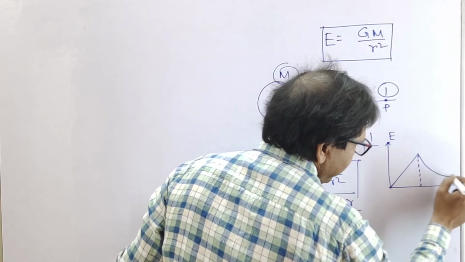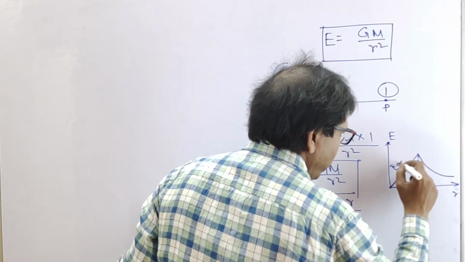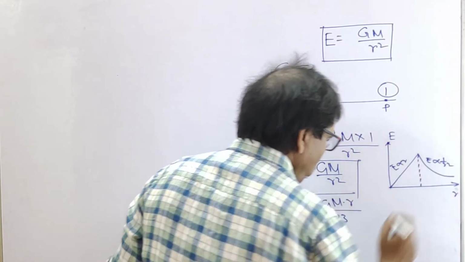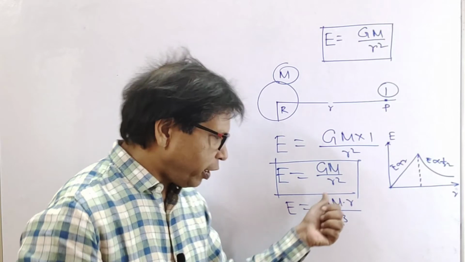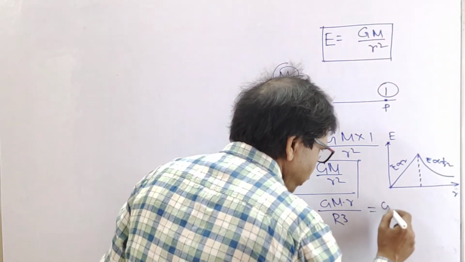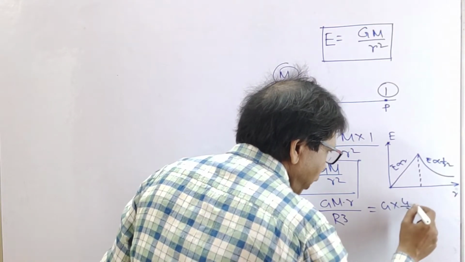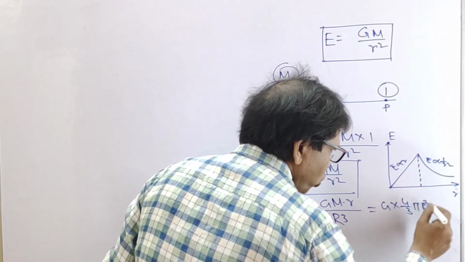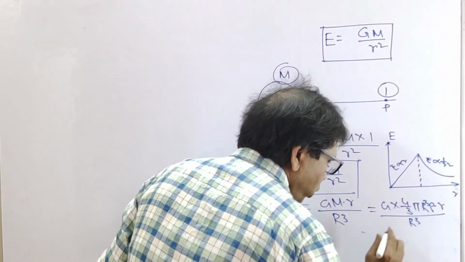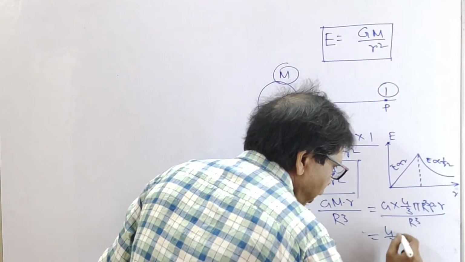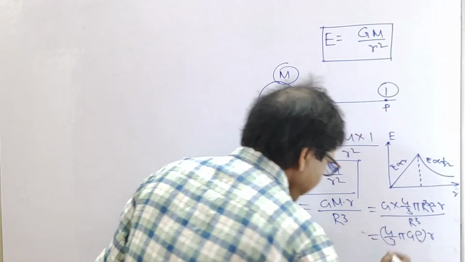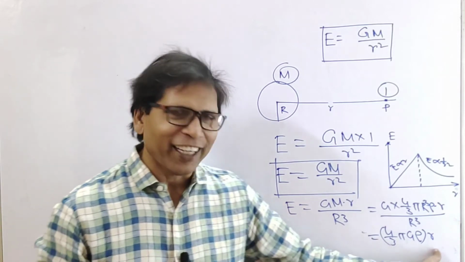Look at this, E is proportional to r inside and E is proportional to 1 by r square outside. In terms of the mean density of earth, we establish this relation. The mass is 4/3 pi R cube rho into small r by R cube, so E equals 4/3 pi G rho into small r. Here E is proportional to r.